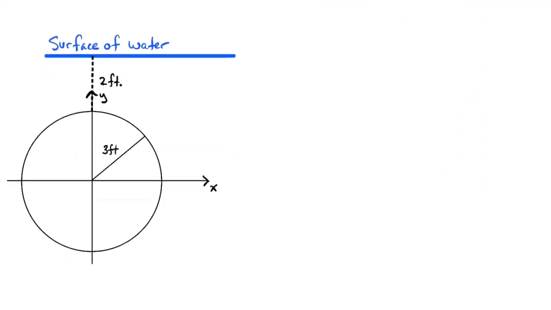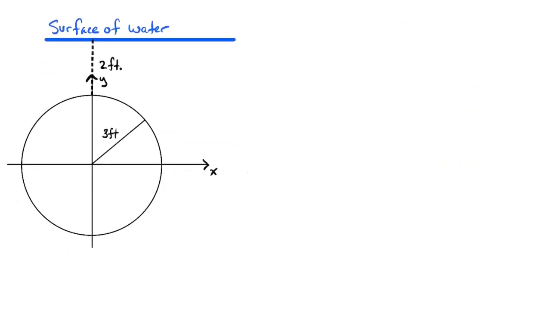Okay, so to save a little bit of time, I've already hand drawn it. I'm putting the coordinate system at the center of my circle. And I'm going to call the axes X and Y, even though the depth here is really only going to depend on the Y variable. Let's orient ourselves. If we're putting the coordinate system there, then Y equals 0 is right in the middle of that circle.